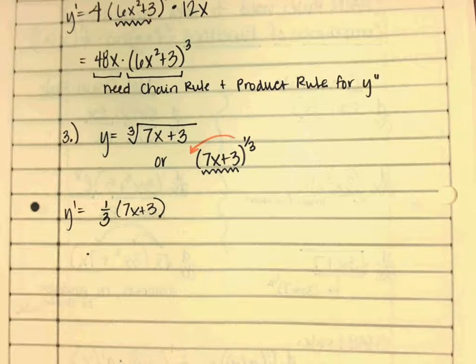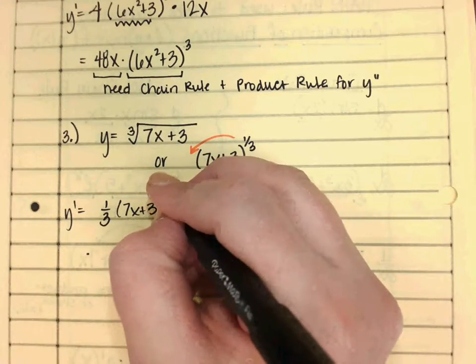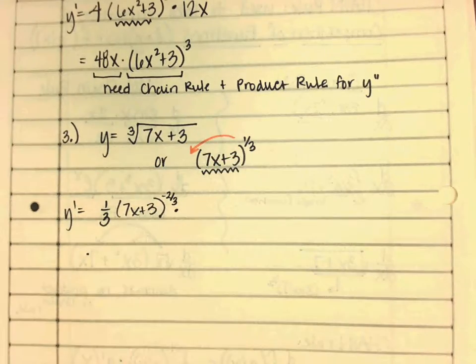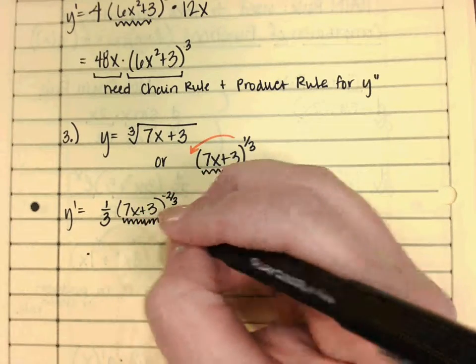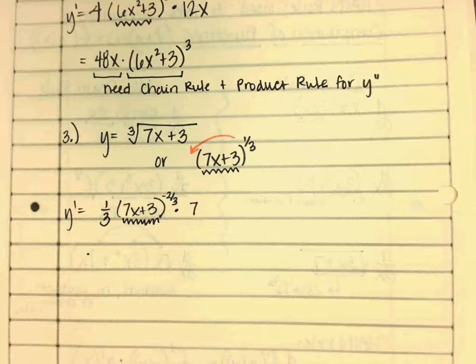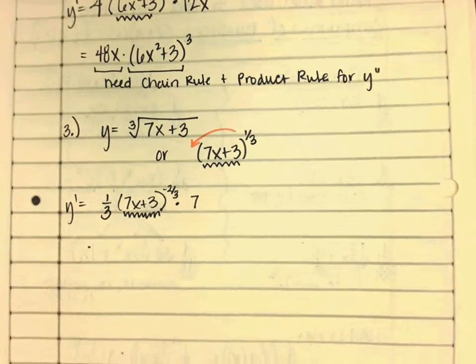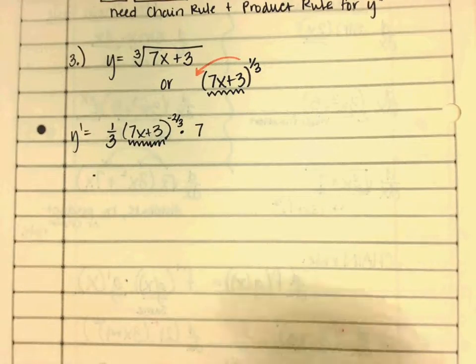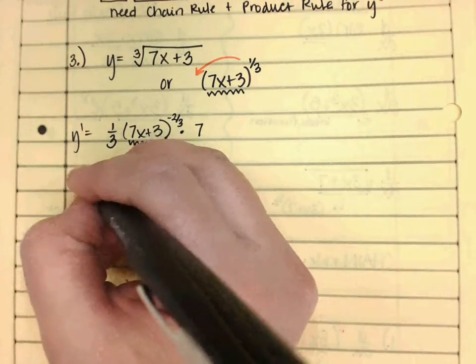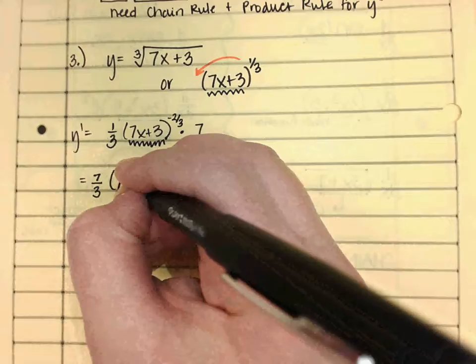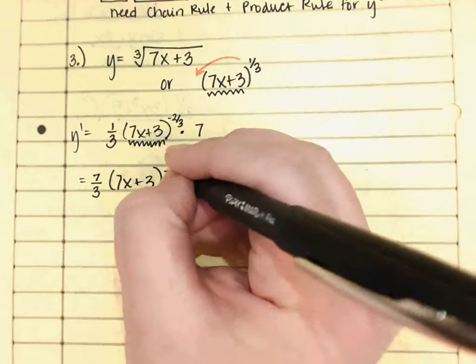What is 1/3 minus 3/3? Negative 2/3. Then I need to times by the derivative of the core. What's the derivative of the core? 7. Combine the 1/3 and the 7. We're not going to leave those separate. What would we have then? 7 times a third is 7/3. 7x plus 3 to the negative 2/3.